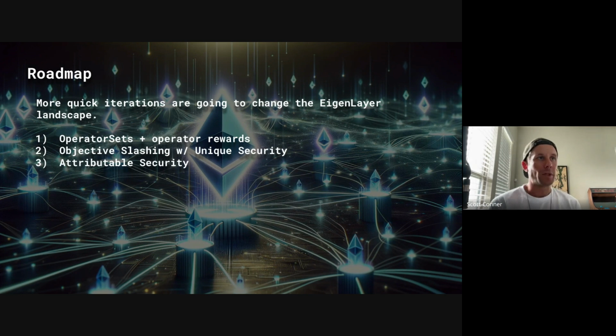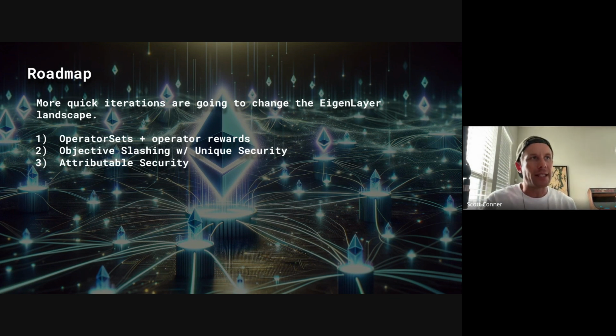Roadmap. What's happening after this? Operator sets and operator rewards is another one that's coming. It's basically this, plus maybe a few other functions around how the funds get split up, including the concept of operator sets.